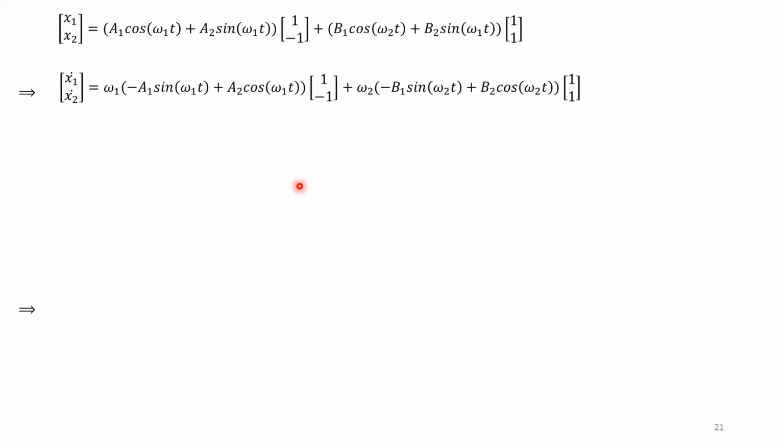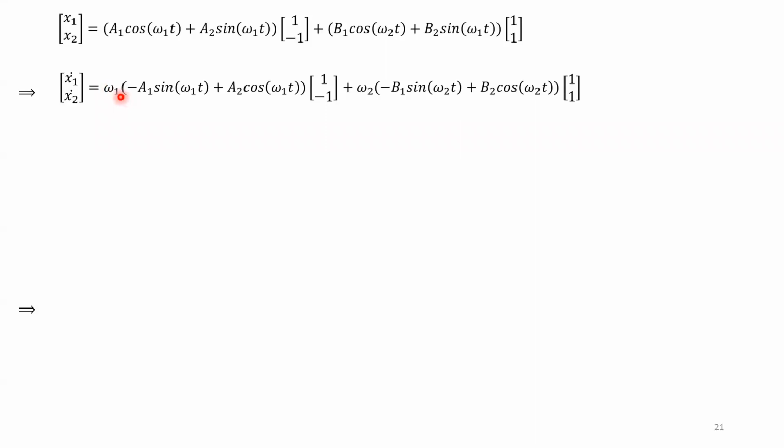So again, let me write down the general solution first. General solution over here, and then I take the derivative one time. Then this is the general solution for the velocity of the two particles. Just take the derivative, so cosine becomes sine, sine becomes cosine, with this extra factor omega 1 in front.